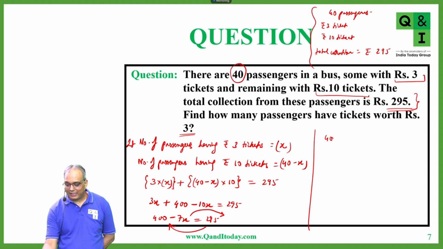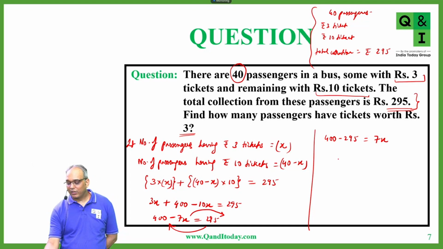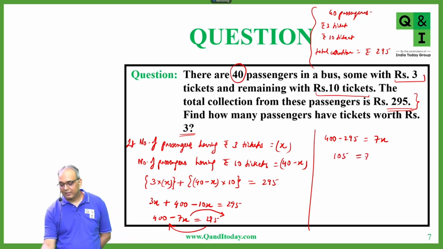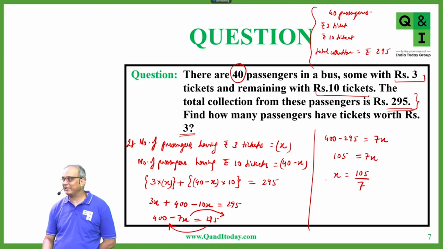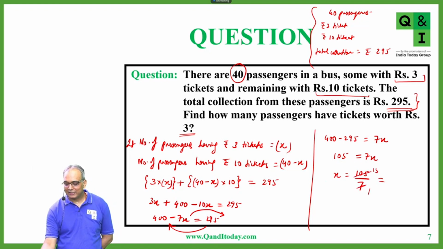After transposing, 400 minus 295 is equal to 7x. 400 minus 295 is 105, equal to 7x. So x is equal to 105 over 7. When 7 comes to the other side, it divides 105. If you cancel this, you get x equal to 15.